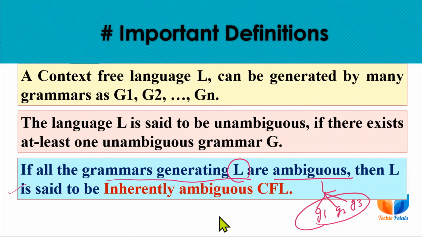The term used for such a language is an inherently ambiguous context-free language. If all possible grammars are ambiguous, then the language is inherently ambiguous. We cannot have any unambiguous option for that particular language.